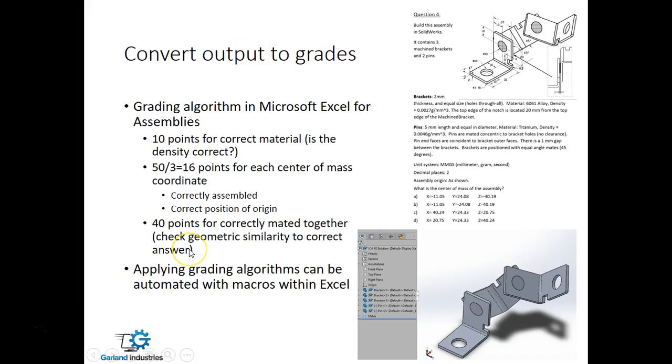So one way we can grade these is I can do like 10 points for the correct material, potentially. And then for each center of mass component in the X, Y, and Z, I can do like 16 points. And then 40 points for having mated everything together correctly. Again, that'll be checked by the geometric similarity score. And that can all be automated within Excel.